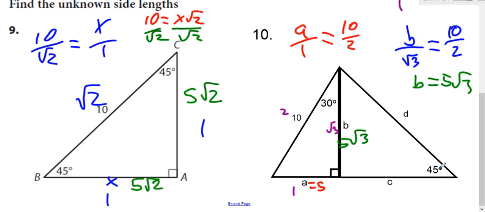And to find c, since we have a different triangle over here, the two angles are both 45, so that means the two sides are the same. So this is also 5 square root of 3. And your relationship for 45, 45, 90s is these are each 1, and the hypotenuse is square root of 2.